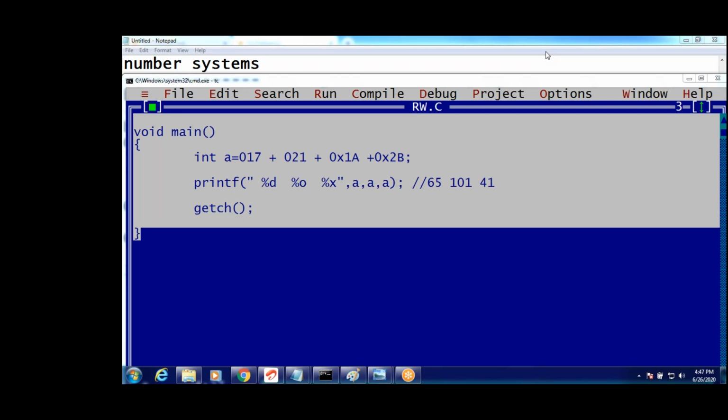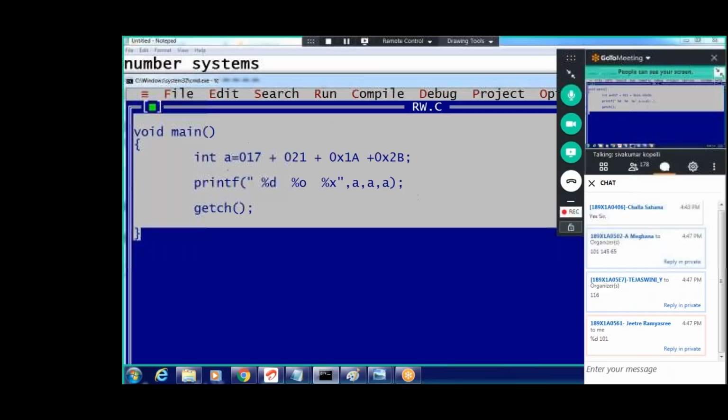What is the answer, guys? Let's check it. First one is 017. How to convert 017 to decimal? 7 into 8 power 0, because it is octal.